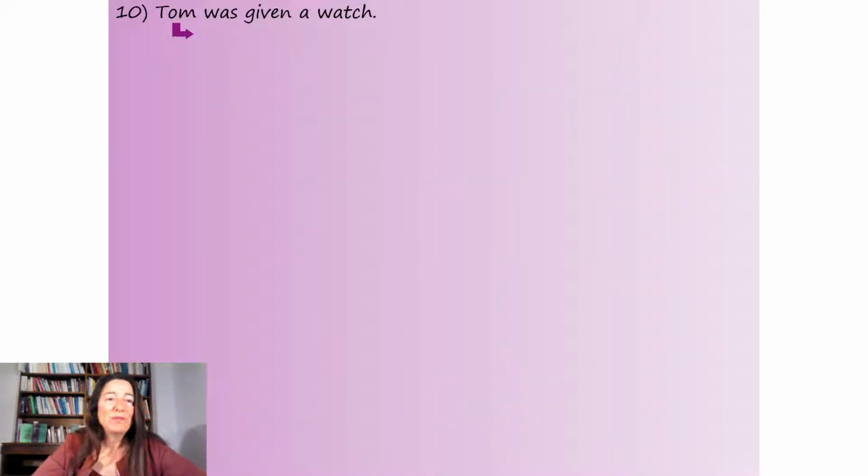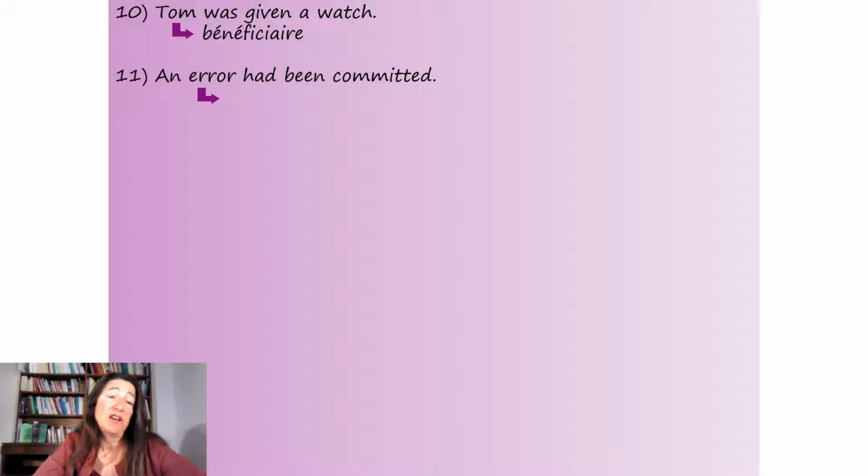Next example, Tom was given a watch. So it is very commonly said that sentences in the passive voice are used to refer to the cases in which the subject is undergoing an action. And in this case, Tom does not really undergo any action.